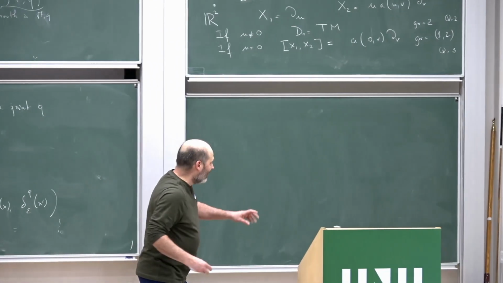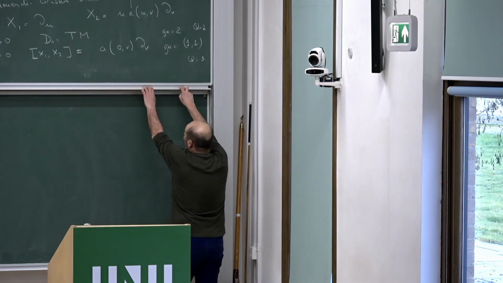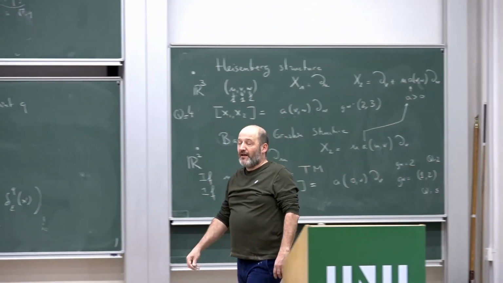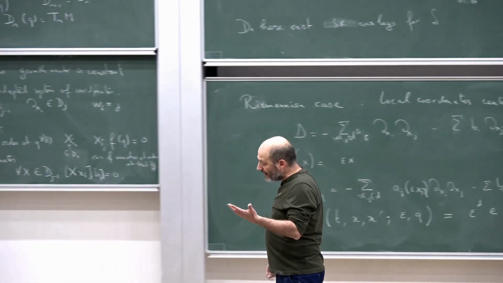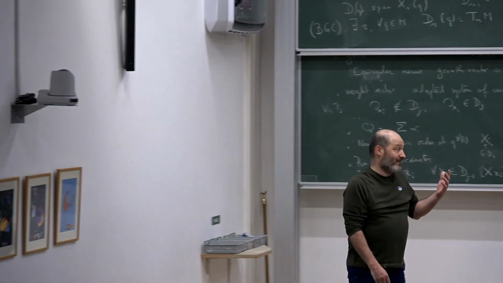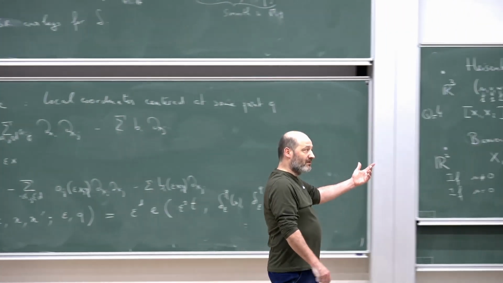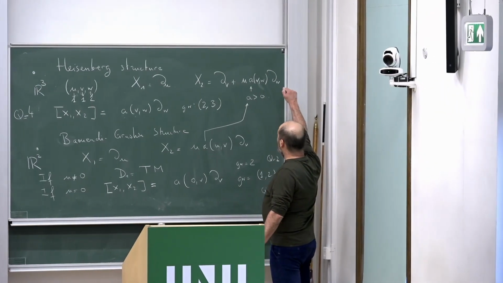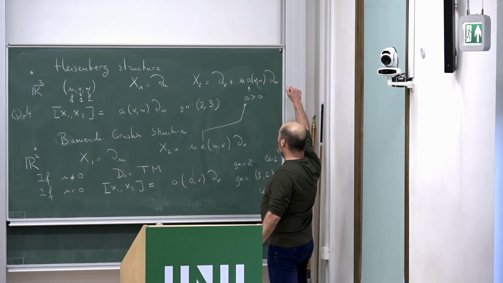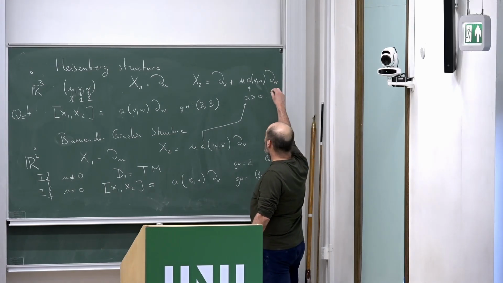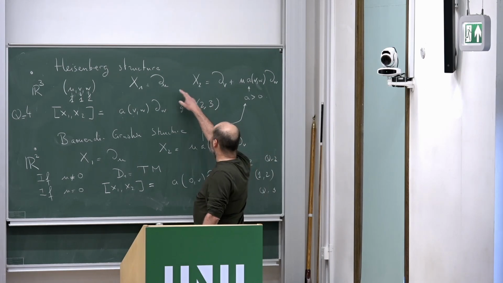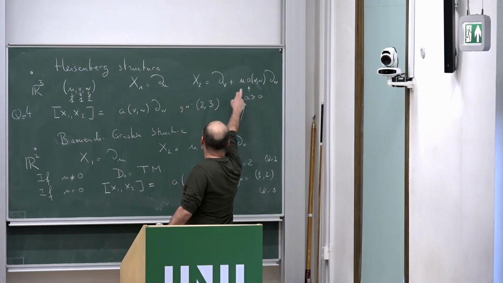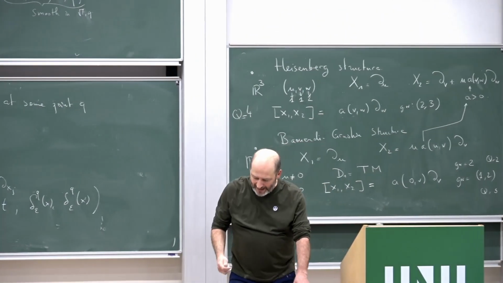Let me, I won't write it, but I will tell you. In the Heisenberg structure, UVW is a system of adapted coordinates, and you can look at whether or not it is a privileged system. And I claim that if U is not 0, then W is not adapted, because when you differentiate the function W with respect to U, you will have a term that remains.